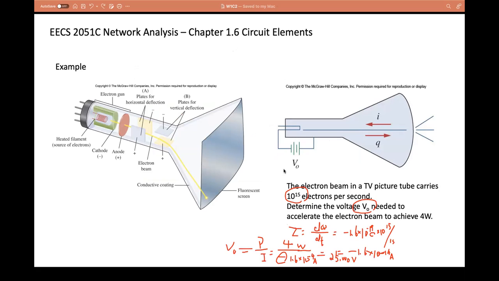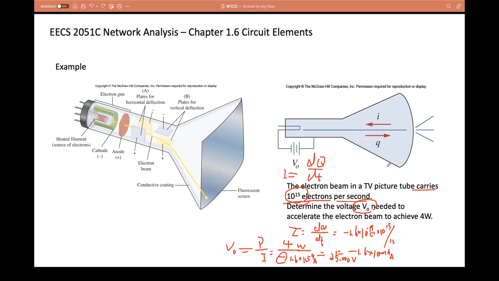So we know current is charge change over time, right? And here we said, since the tube carries 10 to the 15 electrons per second, this is the number of electrons we have per second.